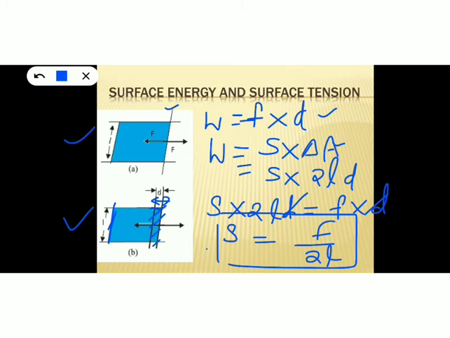So this quantity S is the magnitude of surface tension, and it is equal to surface energy per unit area. Surface tension and surface energy are conceptually different, but their magnitude is the same.